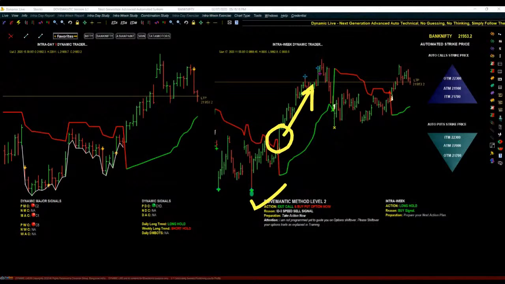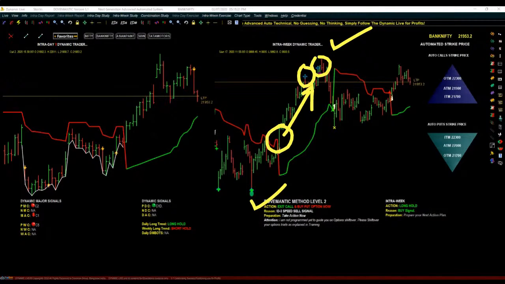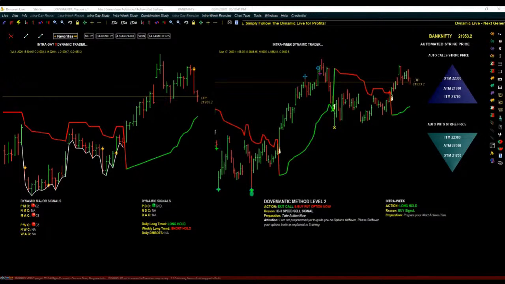As the price started increasing, on top we are getting some symbols here in this intra-week chart. These symbols appear only in the intra-week chart. These symbols could be a dynamic system caution or a DMBOTS. Whenever a dynamic system caution symbol appears, it means we are supposed to secure our profits. How to secure our profits? Remember, we bought a call option at 100 rupees premium here, the 22,000 strike price.